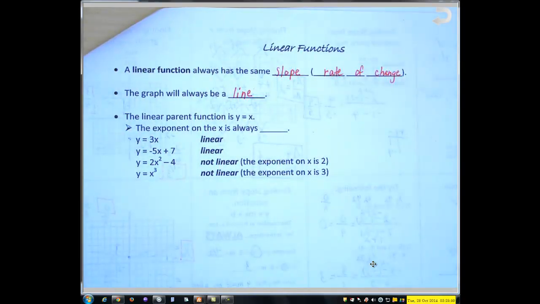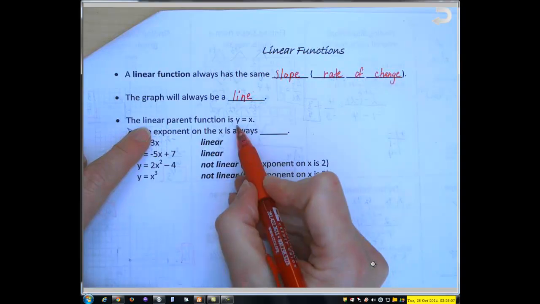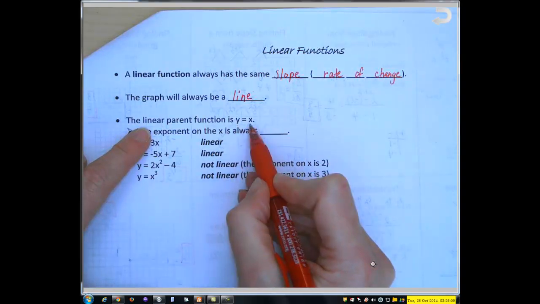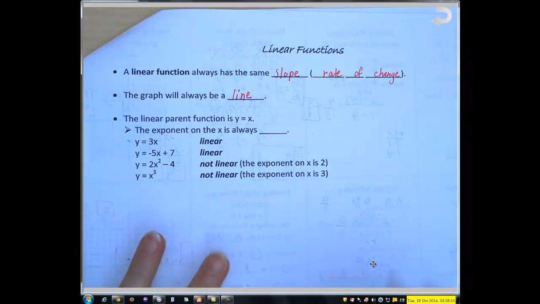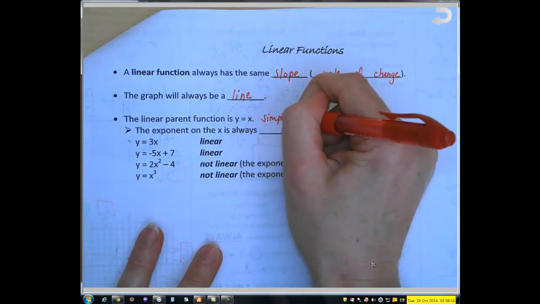Okay? Linear functions are like a family of functions. They're all related to each other. And just like a family always has a parent, well, the linear functions also have a parent function. The linear parent function is y equals x. This is the simplest linear function that we can write.